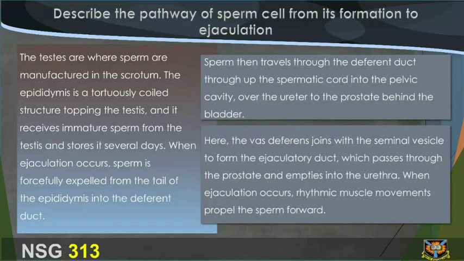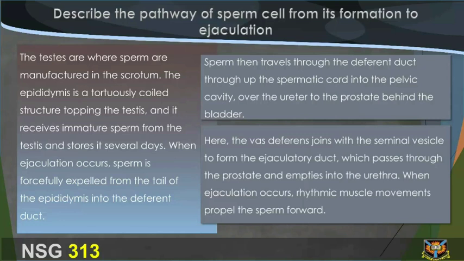Describe the pathway of sperm cells from formation to ejaculation. The testes are where sperm are manufactured in the scrotum. The epididymis is a tortuous coiled structure topping the testes, and it receives immature sperm from the testes and stores them for several days. When ejaculation occurs, sperm is forcefully expelled from the tail of the epididymis into the different ducts.